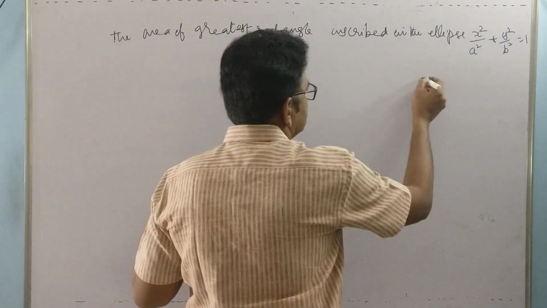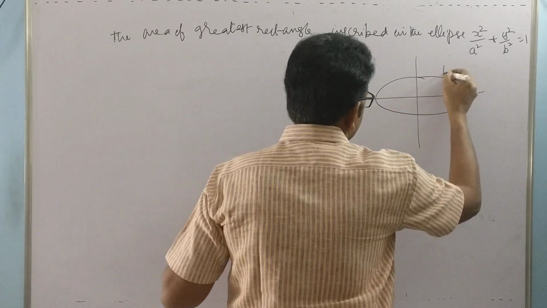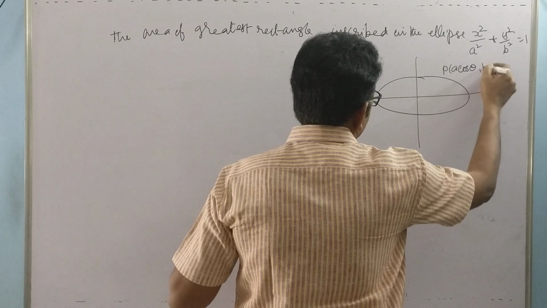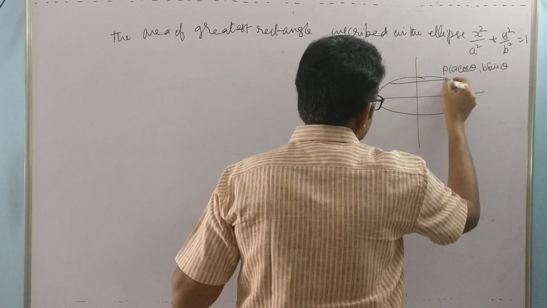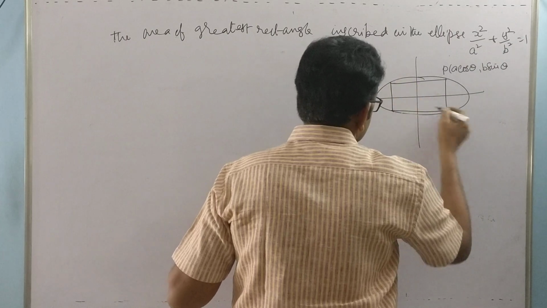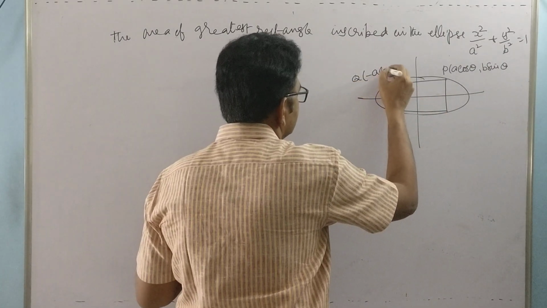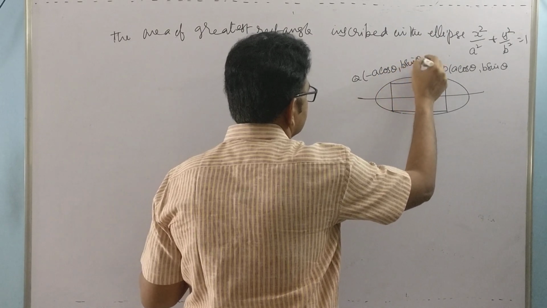See, this is the ellipse. This point is P, so this is a cos theta, b sin theta. Here the coordinates of Q are minus a cos theta, b sin theta.